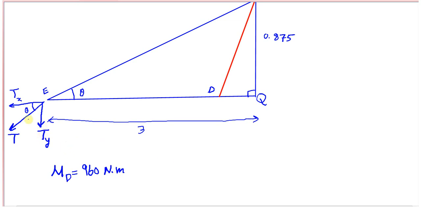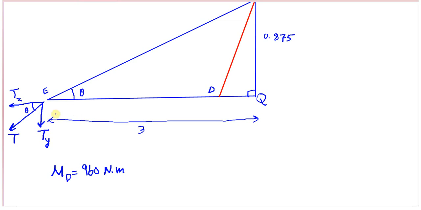Let's think about the forces which make the moment about point D. We have two components here, Tx and Ty. First, look at Tx. Tx is along line ED. Actually, there is no distance between the extension of Tx and the extension of line ED. They are in the same direction and the same extension, and obviously there is no arm.